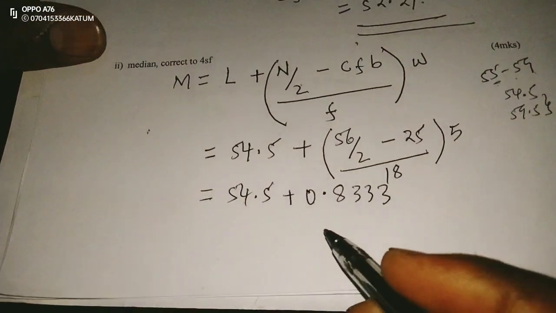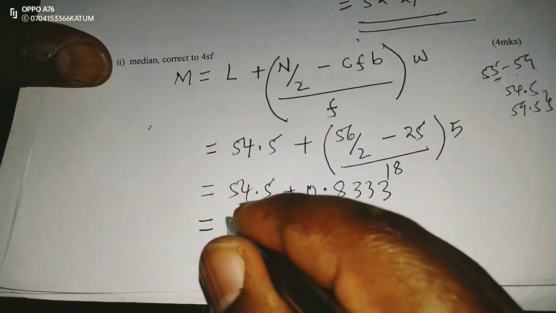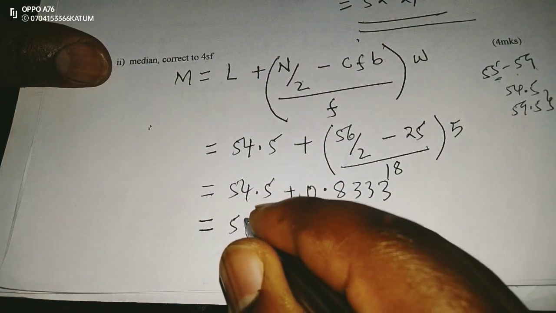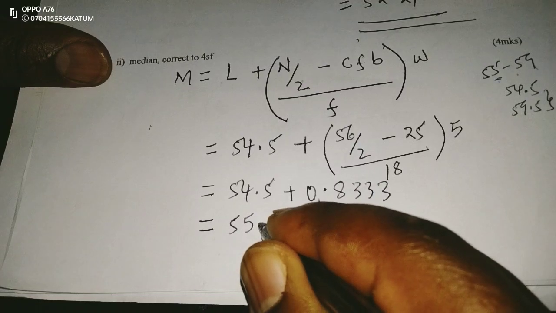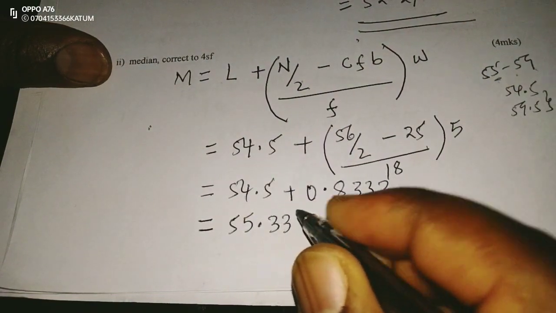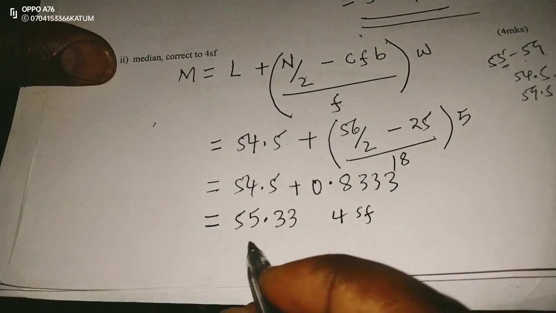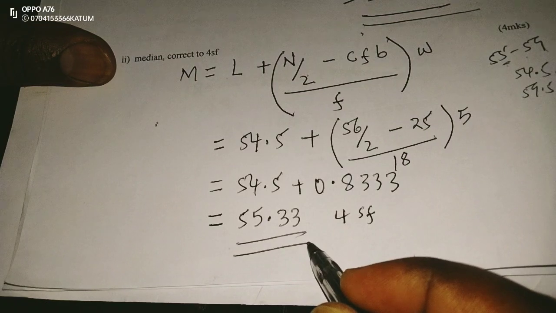But now we add our 54.5. This becomes 55.33, but now we want it to 4 significant figures. This is going to be the median.